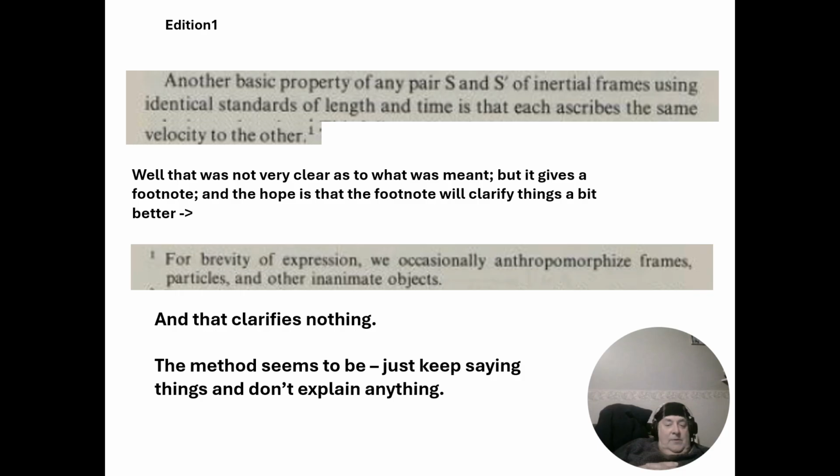And so this is what the footnote says: for brevity of expression, we occasionally anthropomorphize frames, particles and other inanimate objects. And that clarifies nothing. So the method seems to be to just keep saying things which don't explain anything.